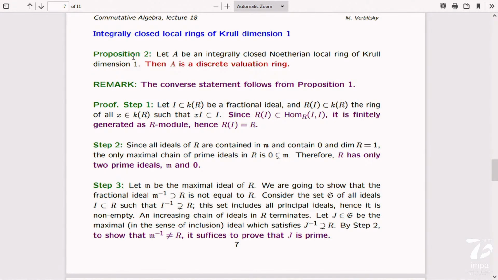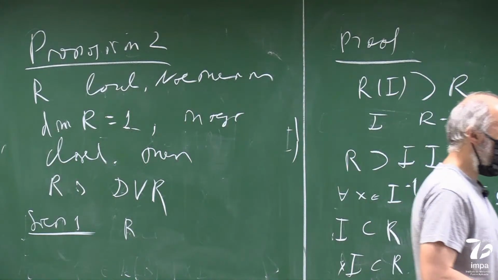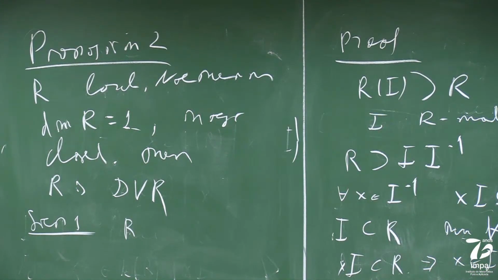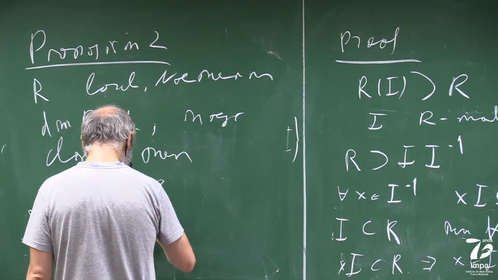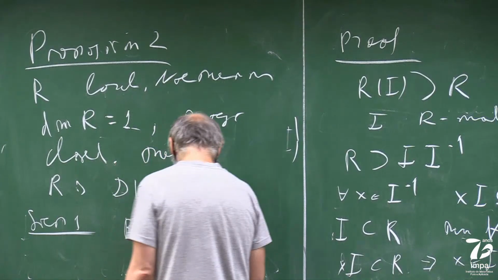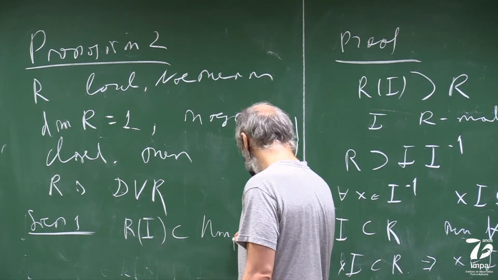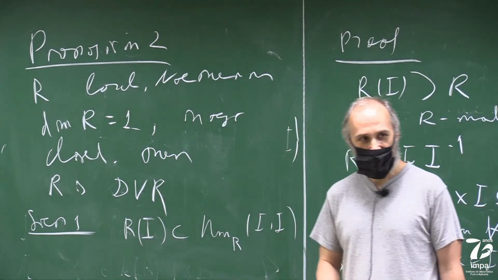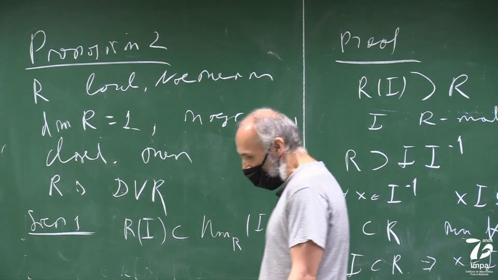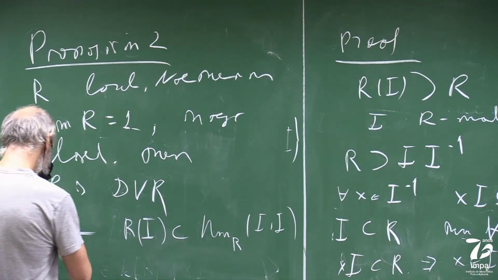So we're interested in R of I, where I is a fractional ideal. R of I is a submodule in Hom over R from I to I, right? But then it is finitely generated.